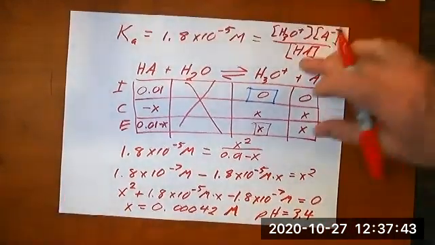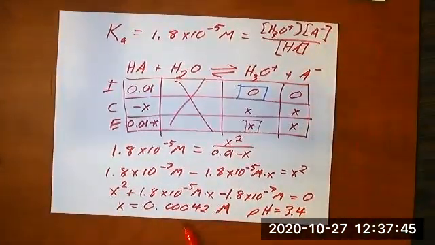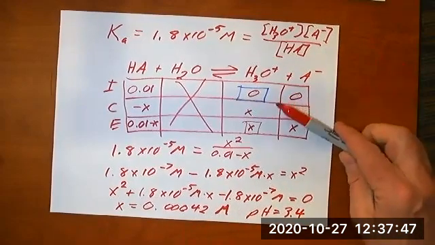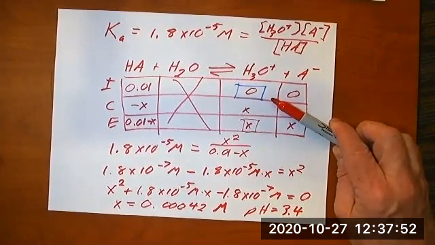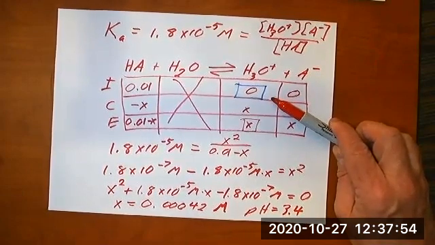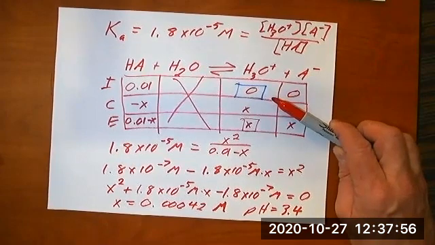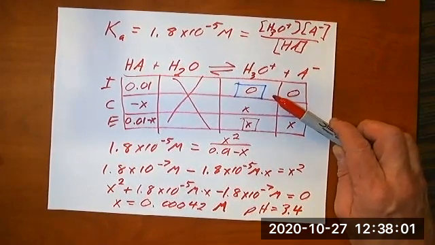Okay. Now, something to notice in doing this is that I set our initial concentration of hydronium ion to be 0. But we said that water initially starts out neutral at 10 to the minus 7 molar hydronium ion.